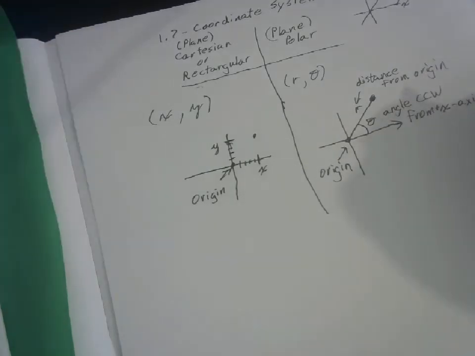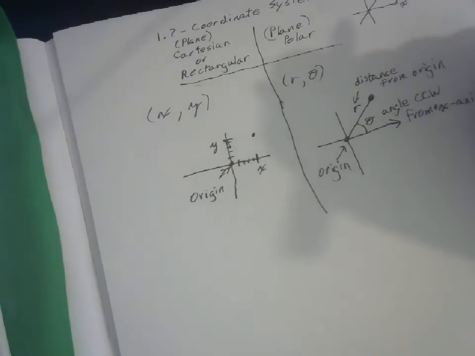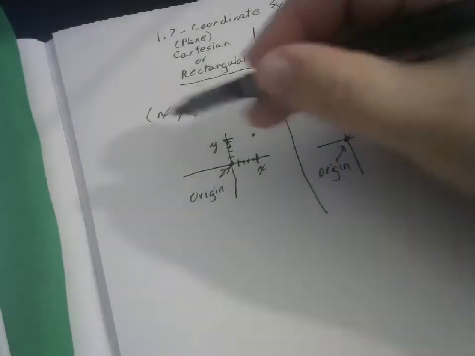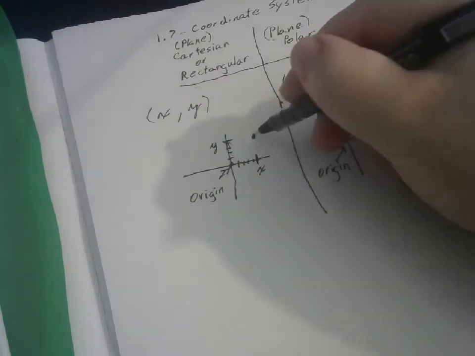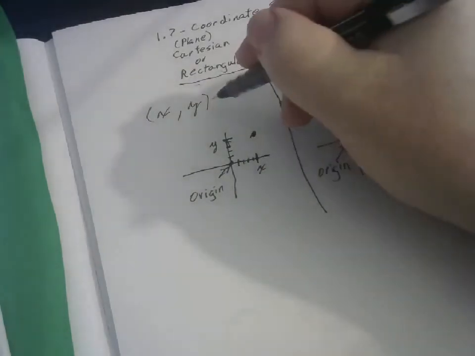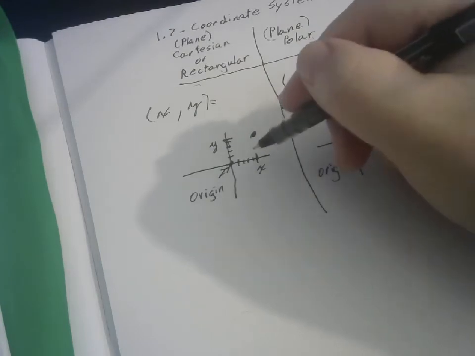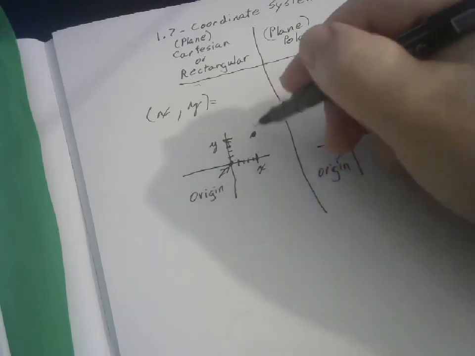So the coordinate systems can be given in two different ways. You can have the same point measured as x comma y. Let's say this is 5 comma 5.